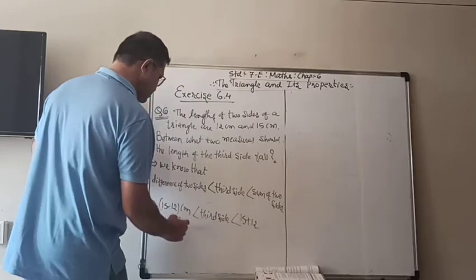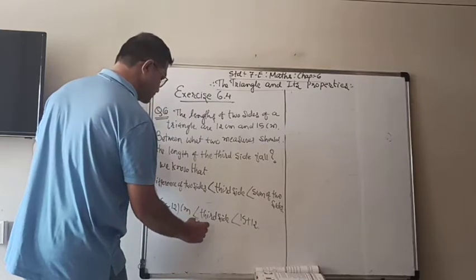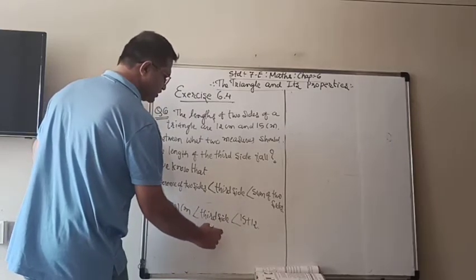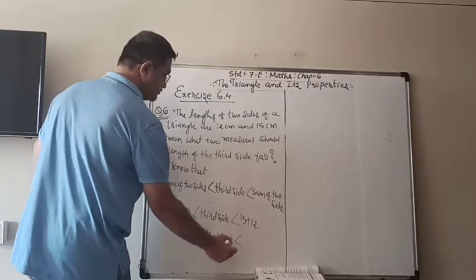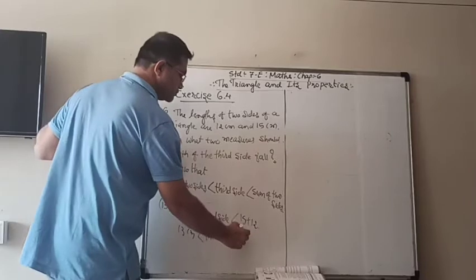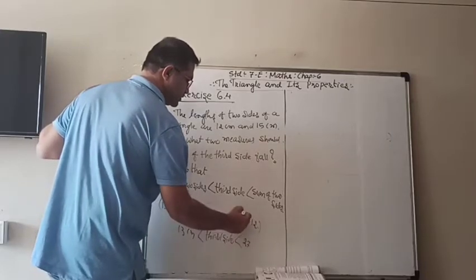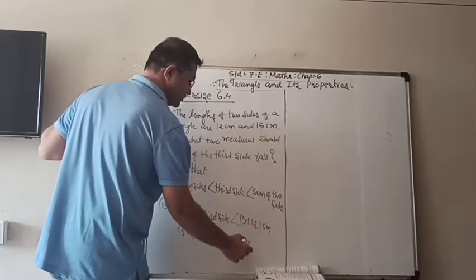So 15 minus 12 is 3 centimeter, less than the third side, and which will be less than 27 centimeter.